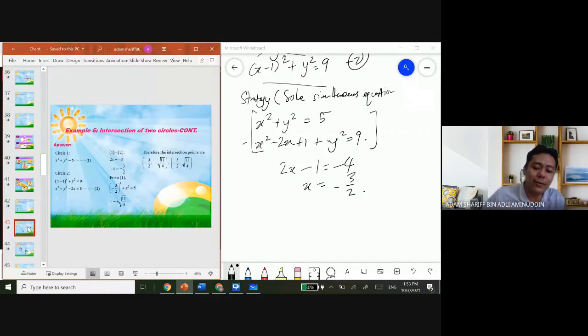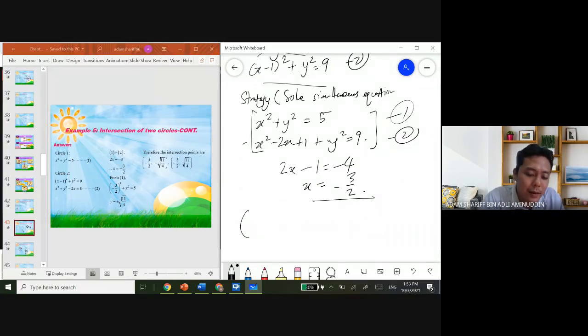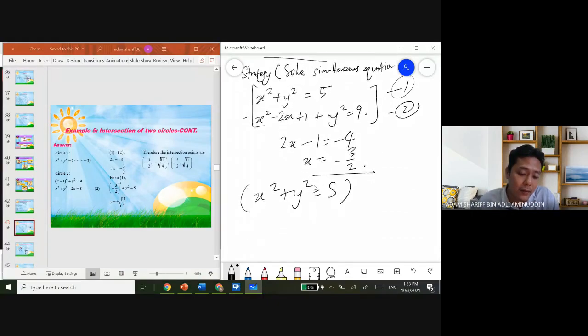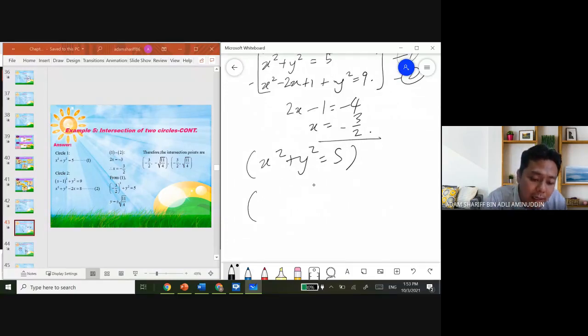Okay, so kalau nilai X ni kita dah dapat based on the elimination, kita kena cari nilai Y tersebut. Masuk balik di equation yang pertama, X squared plus Y squared equals to 5. By using X negative 3 over 2, kita kena cari nilai Y tersebut.